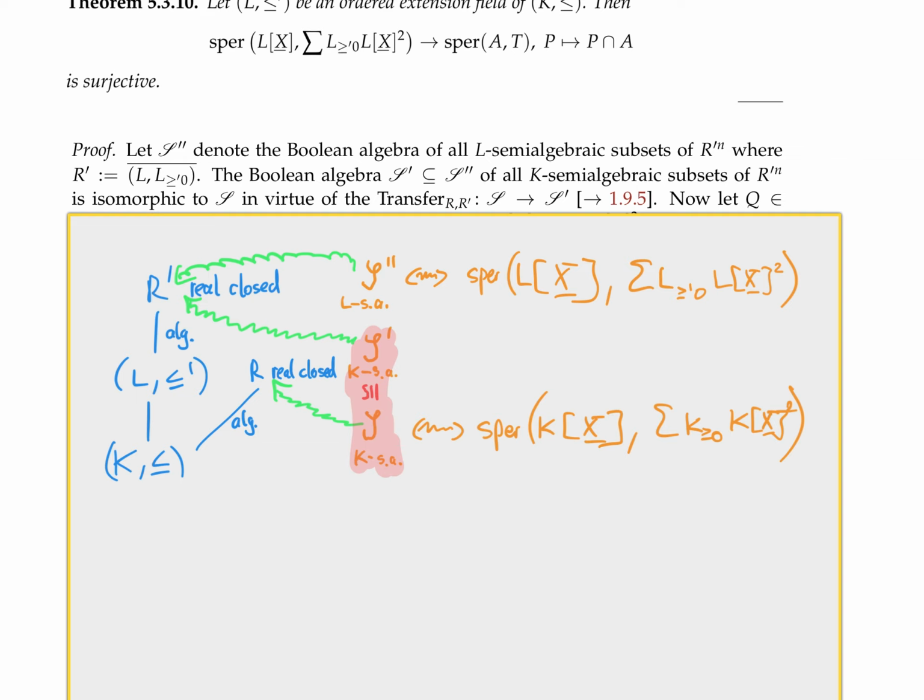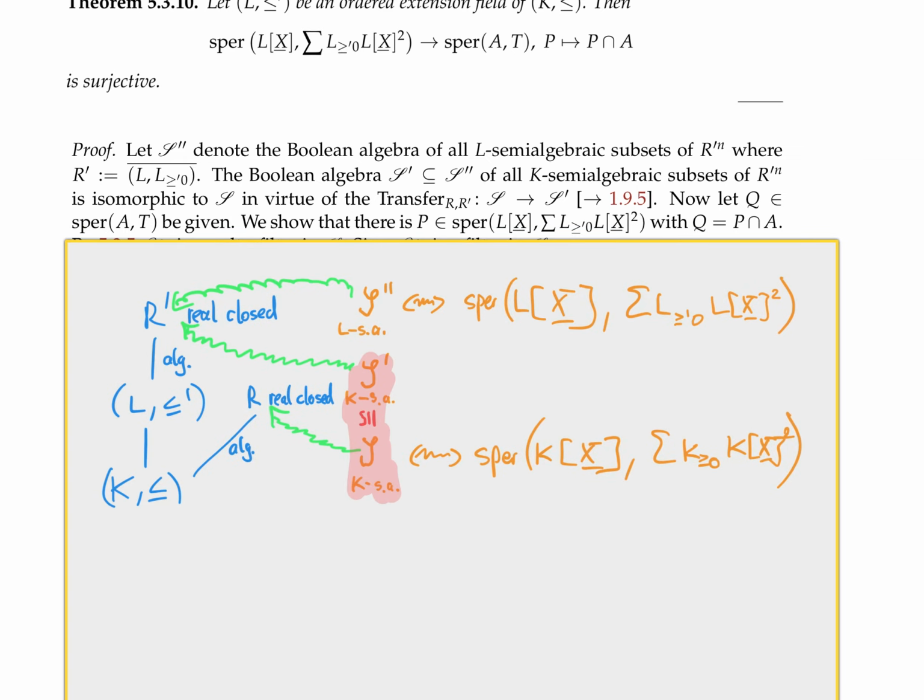Good. Now let Q in the real spectrum of A_T be given. So A was actually, if you remember, a polynomial ring over K, and T was this. Now let Q be in the real spectrum of A_T be given, and we show that there is a P in the real spectrum of this preordered ring that when I intersect it with A gives back Q. Good.